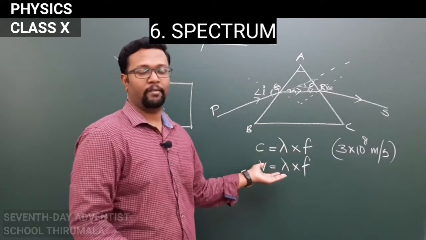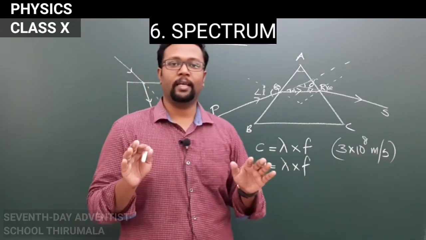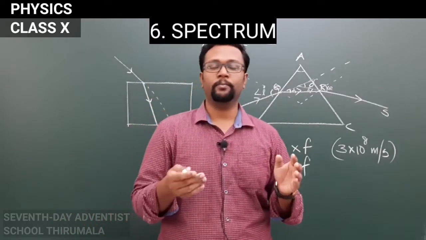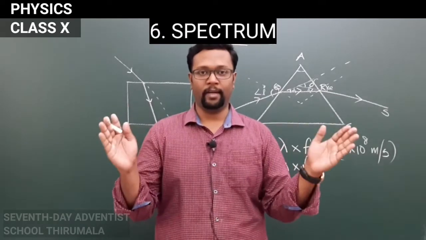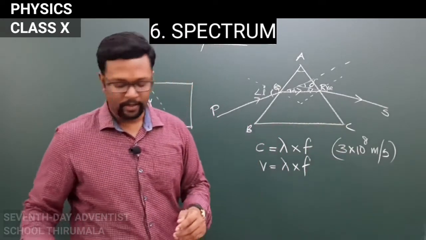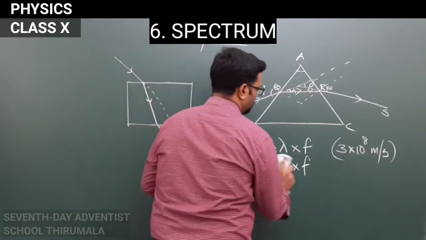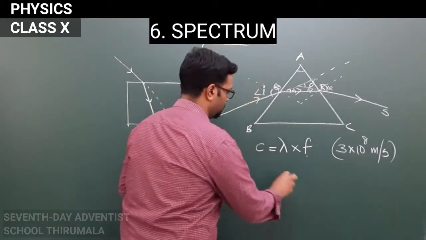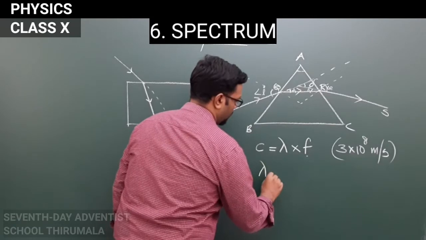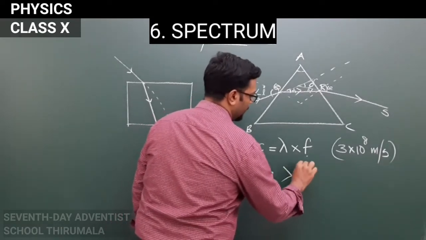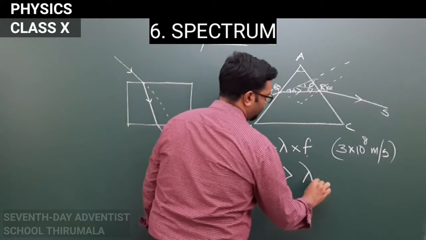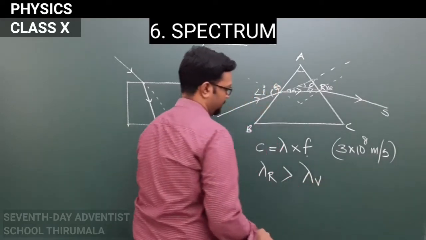If they are traveling in vacuum, for example, red light has higher wavelength. The wavelength of red is higher than the wavelength of violet light.